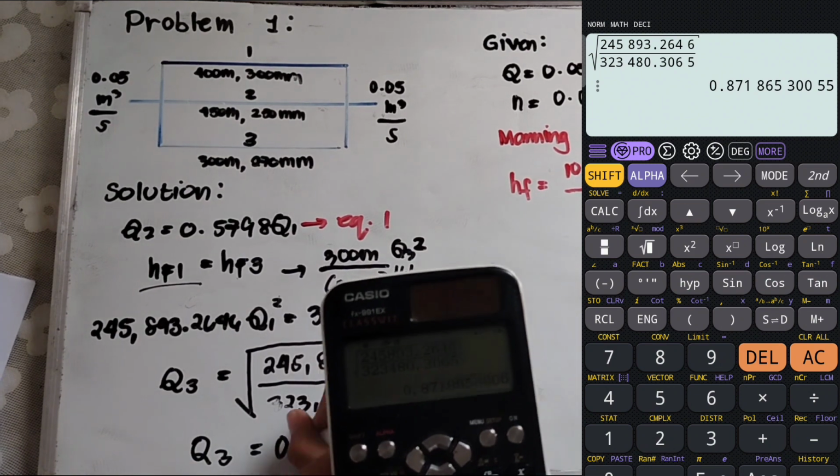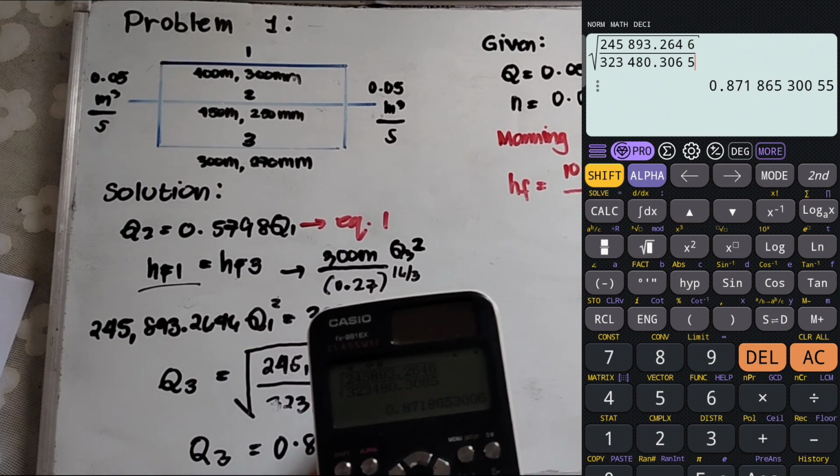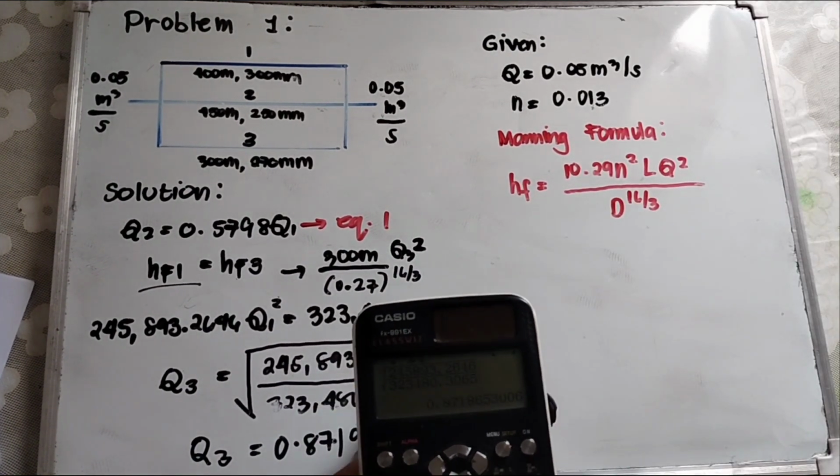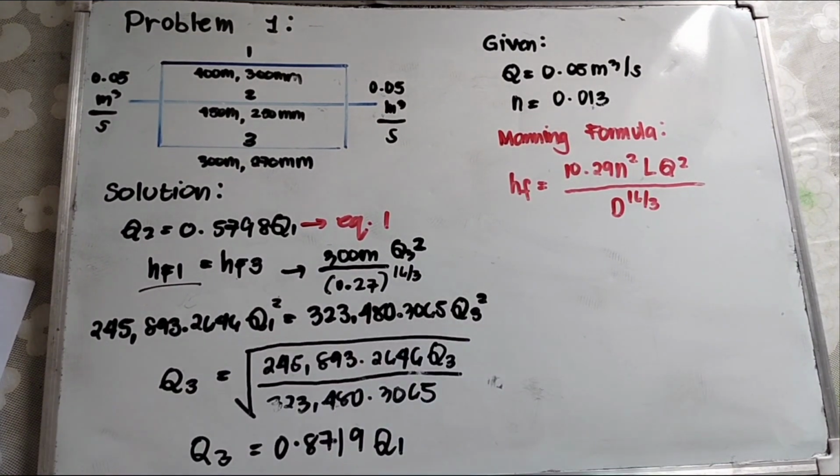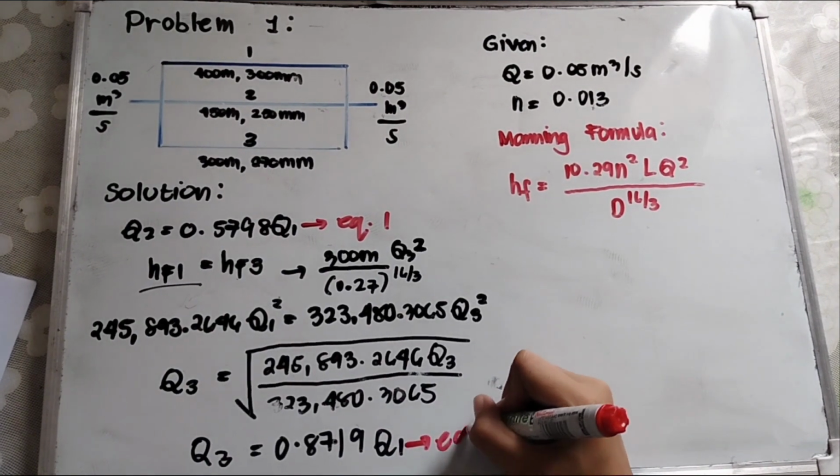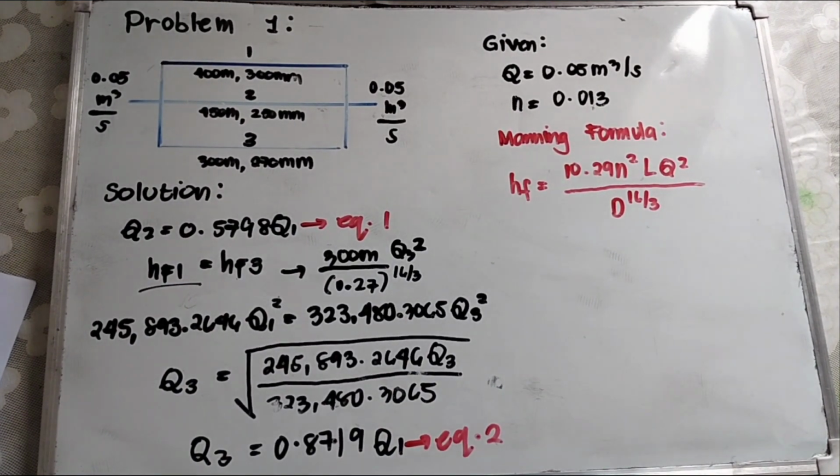So, we came up with an equation of Q sub 3 is equal to 0.87187 Q sub 1. And that will be our second equation.